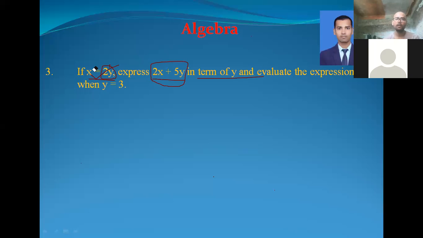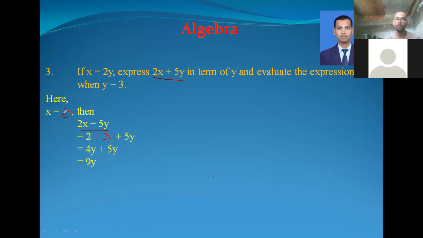So let's talk about how we can solve this type of question, where we have x is equal to 2y, you can see here in red color. Then we have the expression 2x plus 5y.